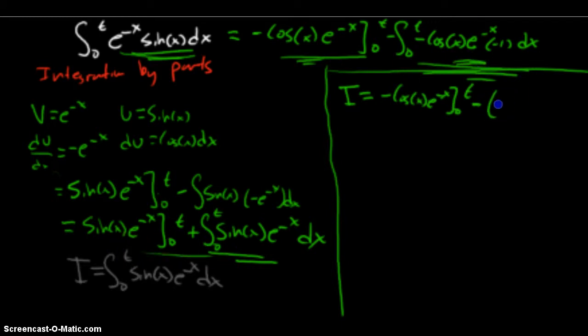So that's going to be minus sine x e to the minus x from 0 to t plus the integral, which is plus our I.